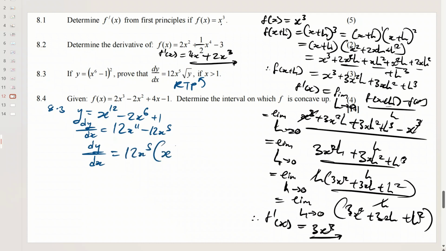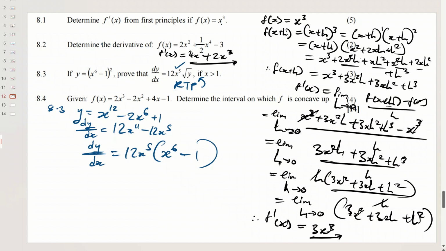We have x to the 6. 5 plus 6 is 11. Since you have the same base, which is the x, use the power of the product. So now you have minus 1, so that you can redistribute back. So now you have something like this. We got this part, but what about that part there?